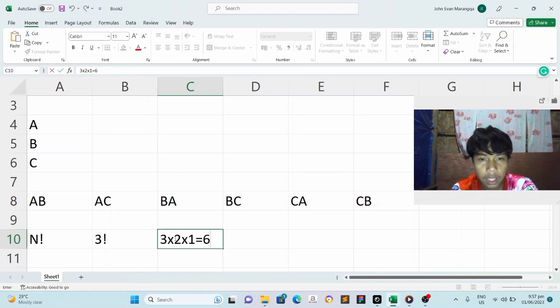This concept can be extended to situations with more objects or different values of r, which represents the number of positions or slots to fill. For example, if we had 4 objects, A, B, C, and D, and wanted to arrange them, we would have 4 factorial, which equals 4 times 3 times 2 times 1. So there are 24 possible arrangements. Permutation without repetition is a fundamental concept in combinatorial mathematics and has applications in various fields, including probability, statistics, and computer science.